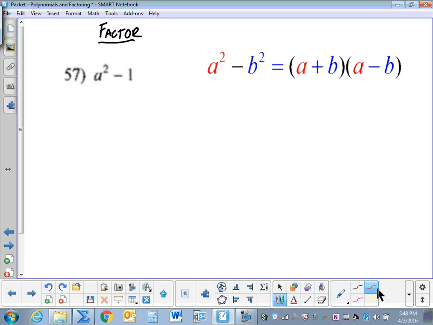We're still going to identify our A. So A here is 1A, or A. And our B here is a 1. So this is going to be A plus 1 and A minus 1.